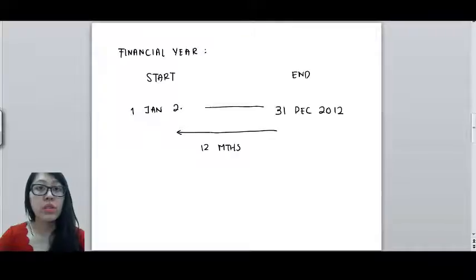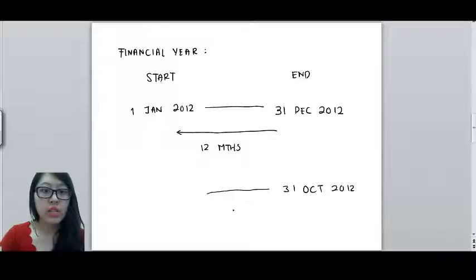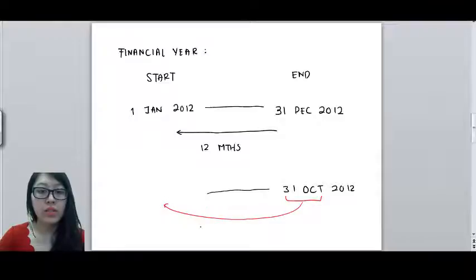Now this is if it's in the same year. What if they were in different years? For example, 31st October 2012. How would I go back 12 months easily? One way to do it is to take these and then you take the next day.